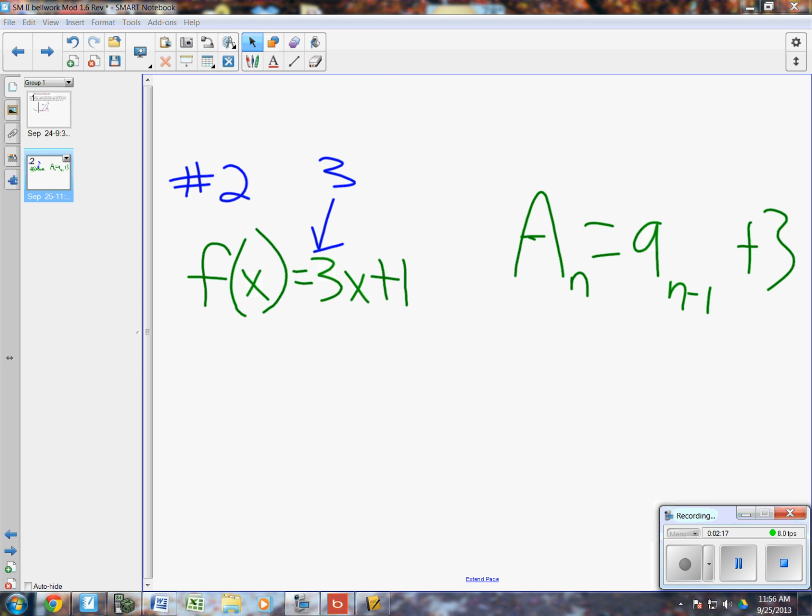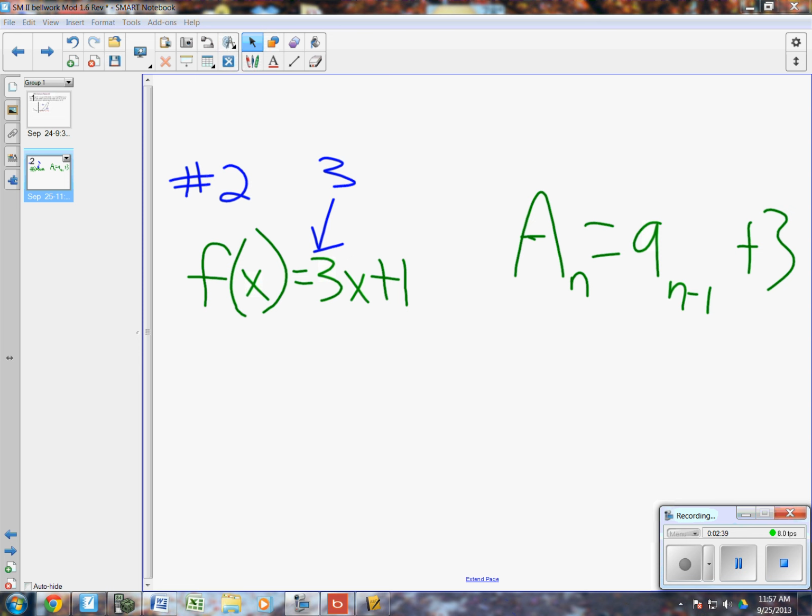I want all eyes right here. Guys, all eyes got to be right here. Stop what you're doing. On a recursive formula for a linear, all you have to do is have a sub n equals the previous term. And we always do the previous term as a sub n minus 1, right? And then whatever the common difference is, it's add 3. So you do that, and that's it. That's how easy a recursive formula is for linear. Can you guys do that?